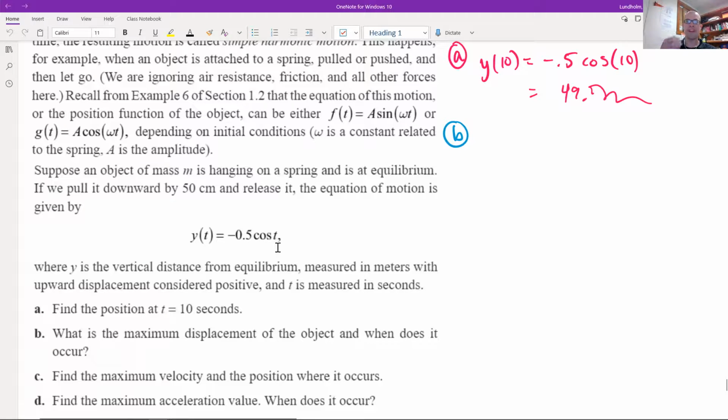We would be starting off at a minimum because we've pulled it down by 50 centimeters, and then we would get to a maximum pi units later, and then we would be down at a minimum once we get to 2 pi seconds. So what's the maximum displacement? We would get minimums at 0 plus 2k pi, where k is an integer.